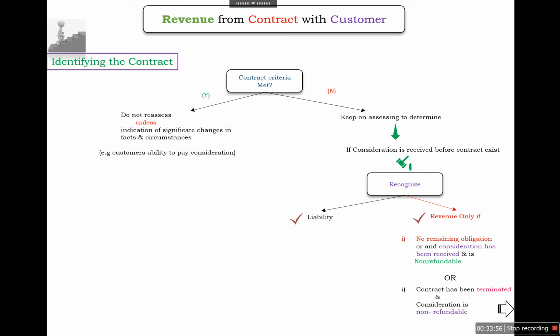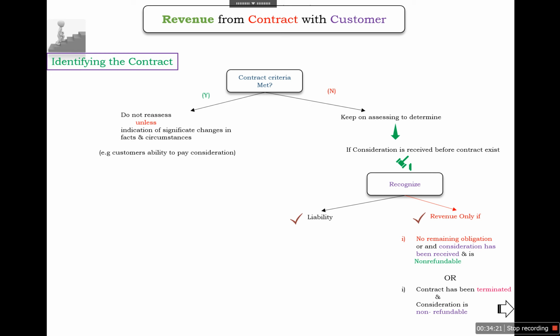So if the contract criteria have been met, we are not supposed to reassess them unless there is a change in some facts and circumstances. And if the contract criteria have not been met, we need to keep on reassessing the facts to determine whether the contract criteria have been met.